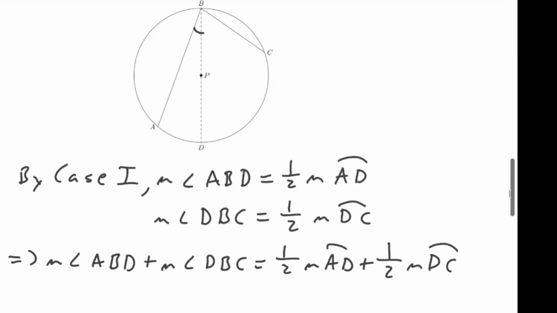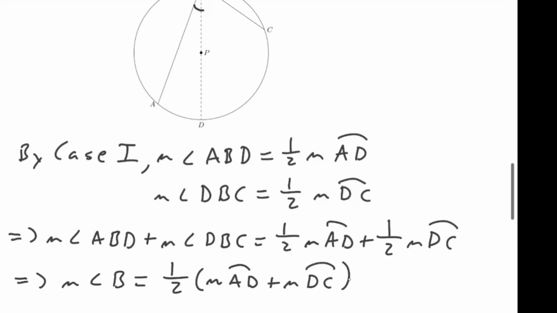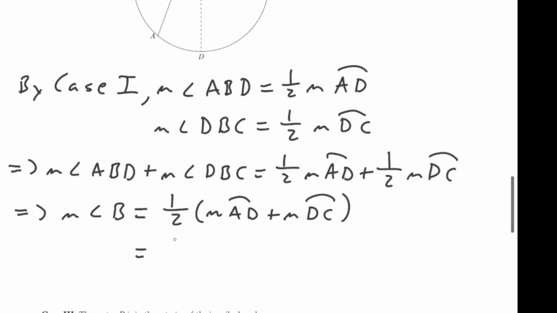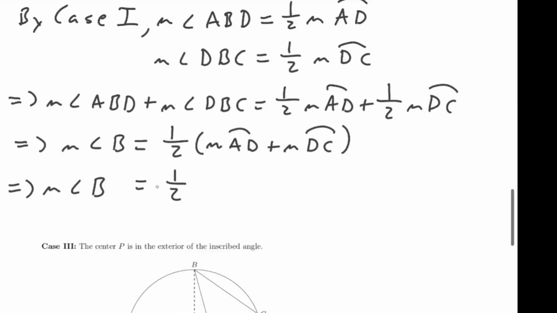ABD plus DBC is just ABC, or angle B. So the measure of angle B is equal to 1/2 times the measure of arc AD plus the measure of arc DC, and arc AD plus arc DC is arc AC.